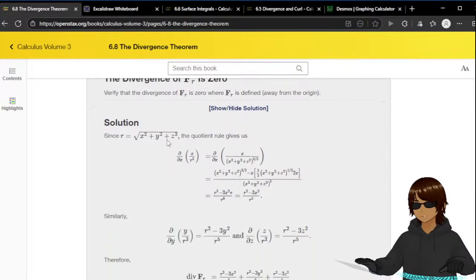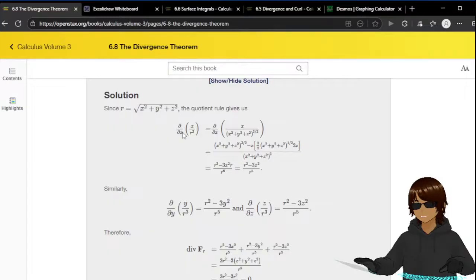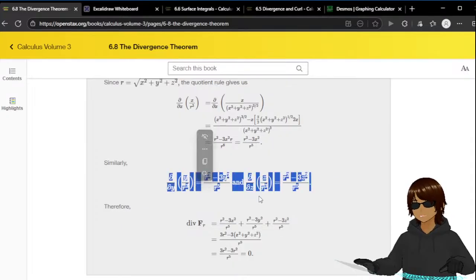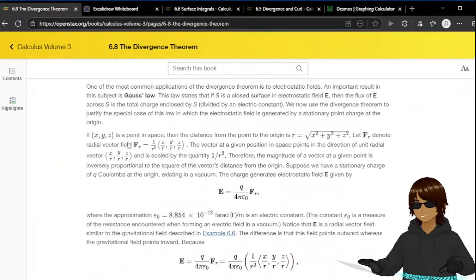So r is this. The quotient rule gives us the derivative with respect to x. We get this. And then the derivative with respect to y, we get this. So what are they doing? F(r) is defined by this.